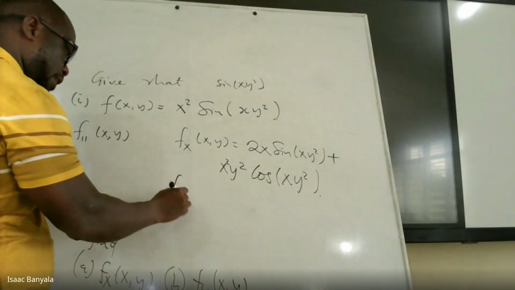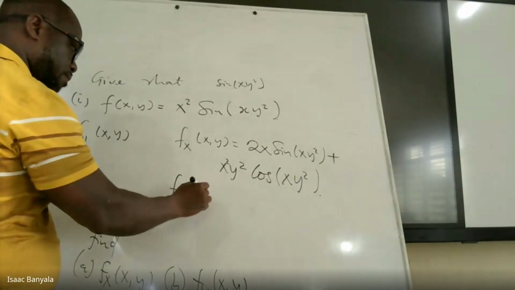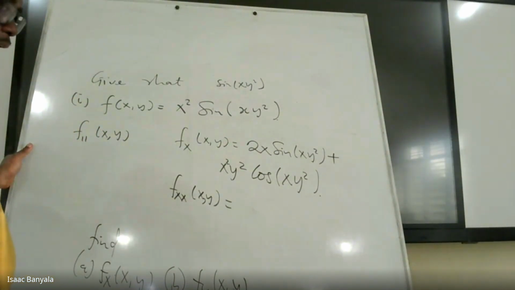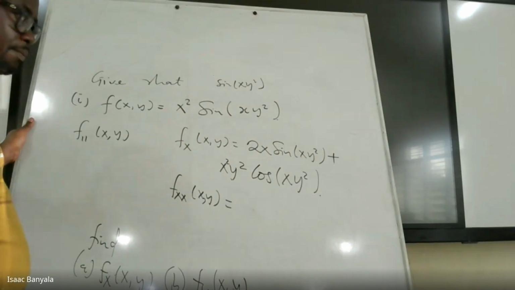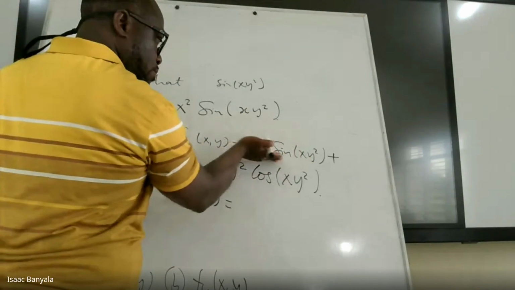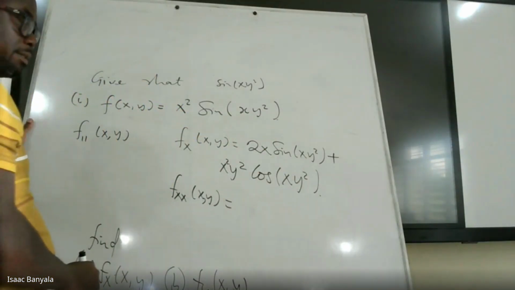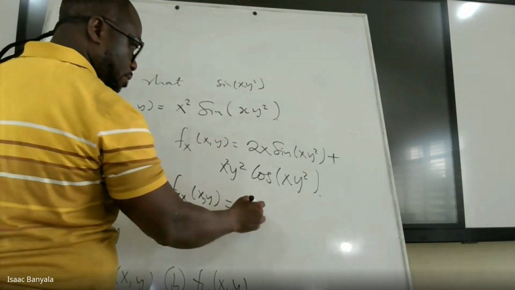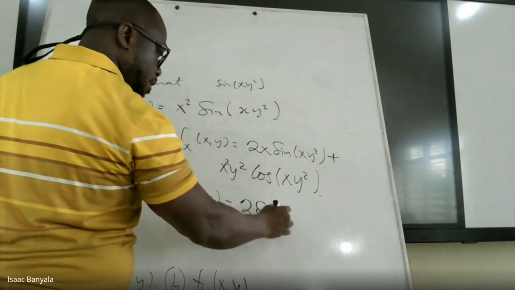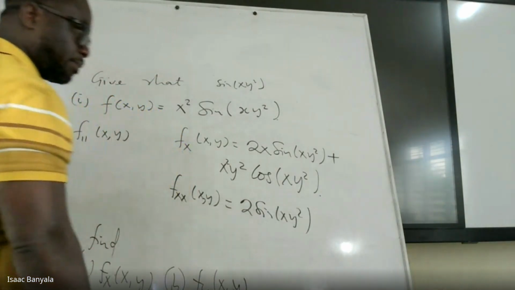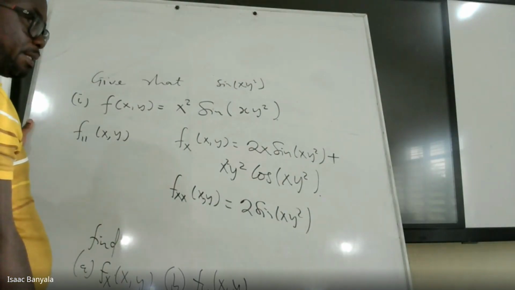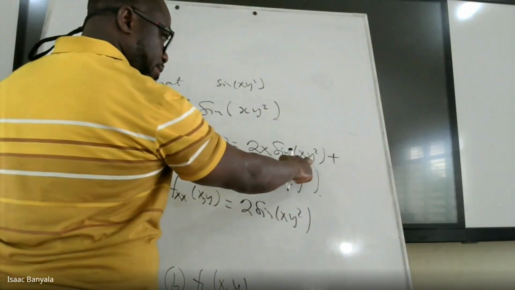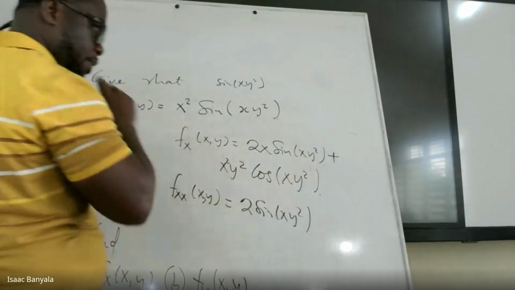Now we go to fxx. So we are going to take them again and differentiate with respect to x. So let's take this one alone. What will you get? You get 2 sine x y squared. Then you differentiate what is inside with respect to x, you get what? y squared.